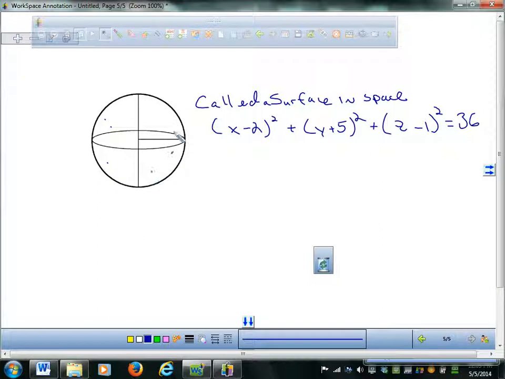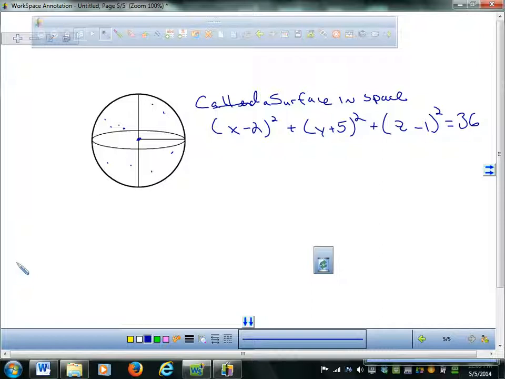It's just the points all on the outside, because the definition of a sphere is just all the points that are equidistant from a given point, the center. So it's a surface because it's not a solid, right? It's just the surface of the sphere. All right? And that's called a surface in space. Okay?